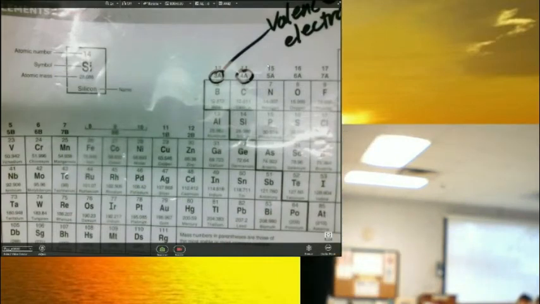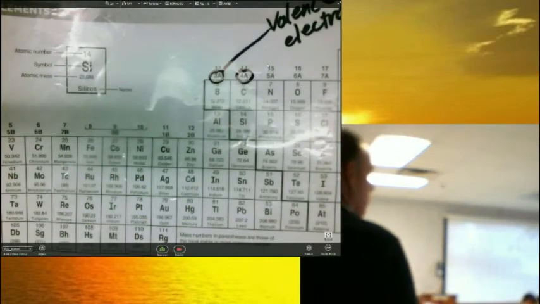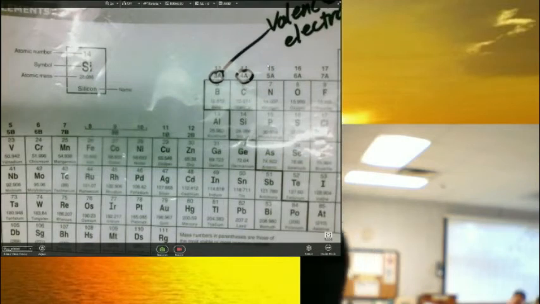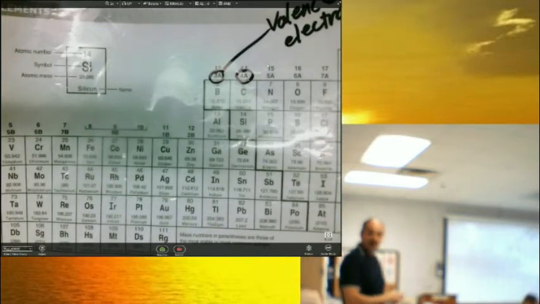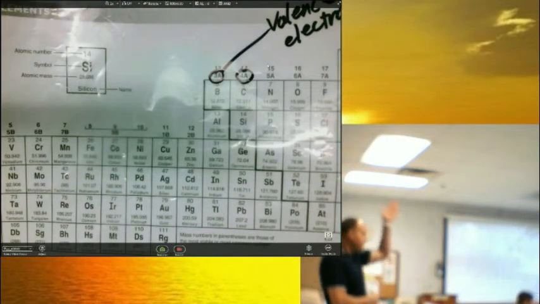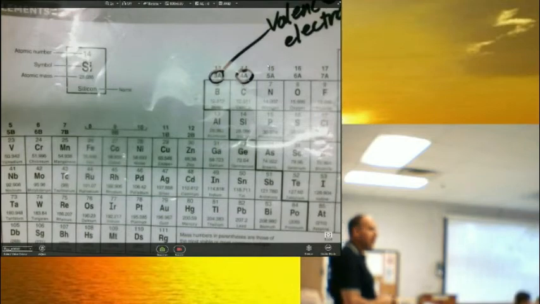The outer shell has 8. Can any more fit in there? No. Argon never bonds. It never forms compounds or molecules. It will never stick to another element. It's always just found as argon. Same thing with neon, and everything in 8A will never bond.